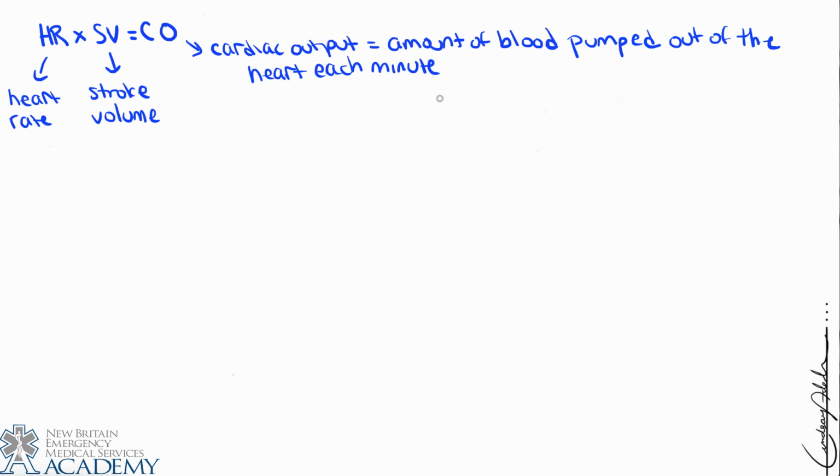So the heart is essentially just supposed to make sure that we maintain our cardiac output. And when we experience various problems such as cardiac dysrhythmias, we always want to keep in mind whether or not it's affecting cardiac output, because when it is, then it's cause for concern and probable intervention, and when it's not, it's more of a recognition, but not necessarily something that we're going to fix.